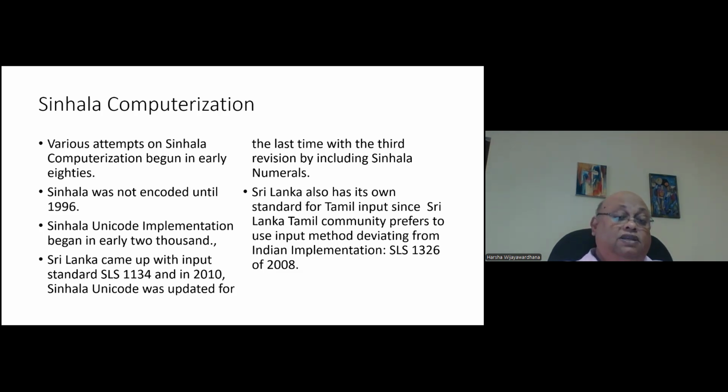Professor Saman Nayaka, who was the chairman of SINTEC, the Council for Information Technology, at that time, the government apex body, spearheaded the encoding.